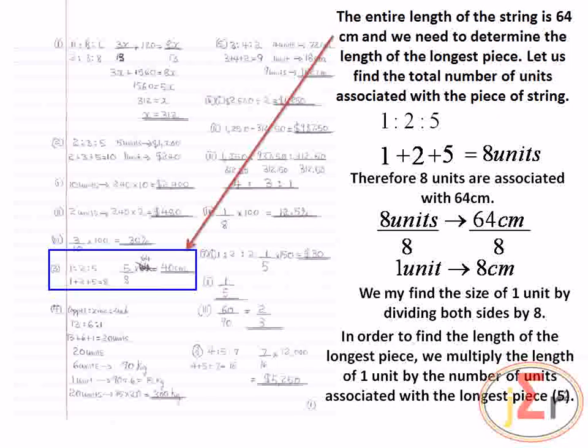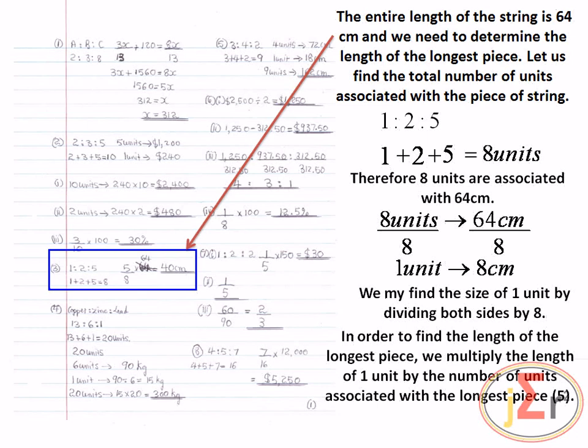In order to find the length of the longest piece, we multiply the length of 1 unit by the number of units associated with the longest piece. So we take 1 unit, which is 8 centimeters, and multiply that 1 unit how many times?